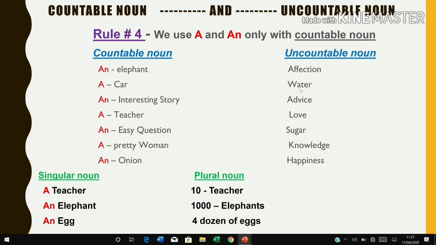For example, to your mom, you can say, I love you. But you can't say, I have 4 loves for you. It doesn't make any sense, isn't it? So these are examples of uncountable nouns: affection, water, advice, love, and so on.